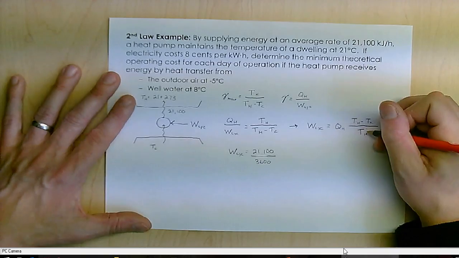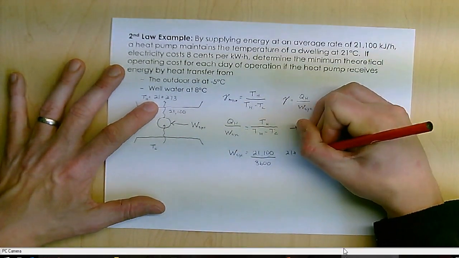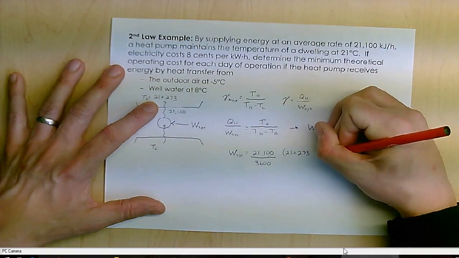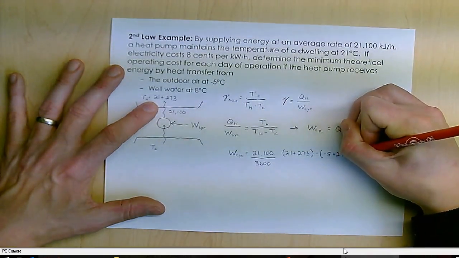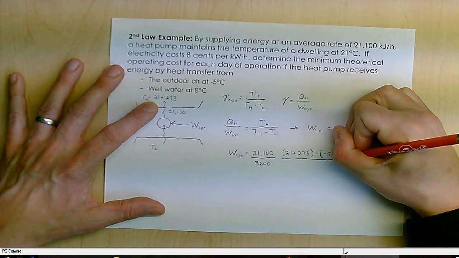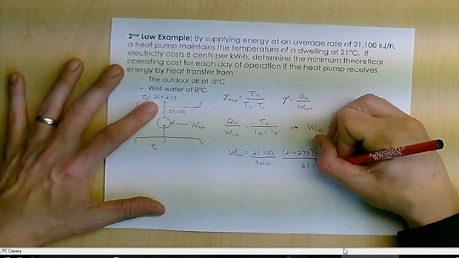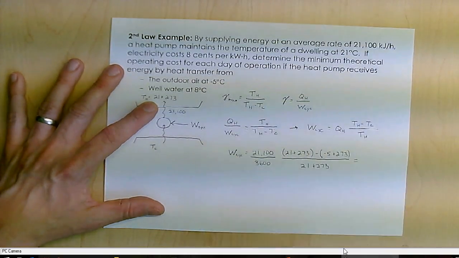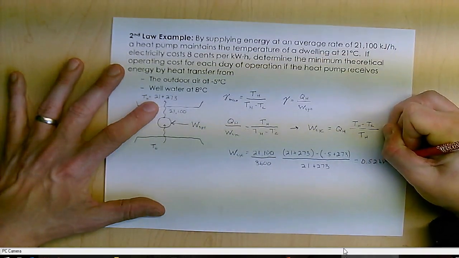Then I take TH, which is 21 plus 273, and I'm going to subtract -5 plus 273 and divide that by 21 plus 273. That gives me the power, 0.52 kilowatts.